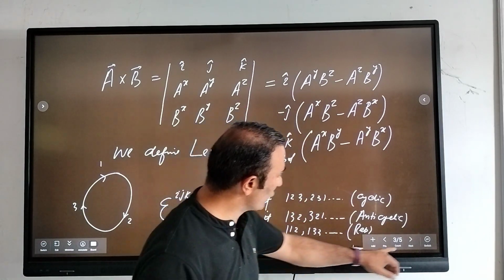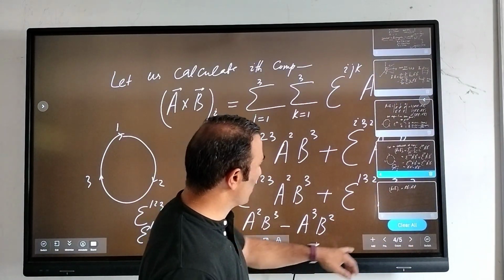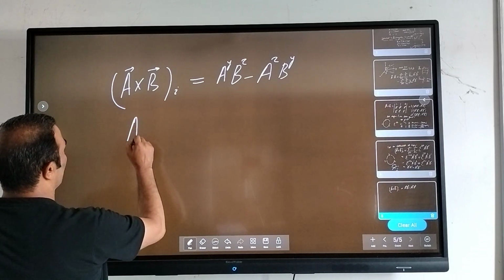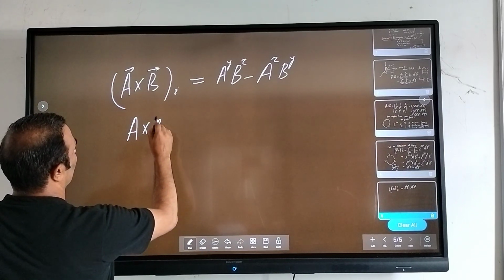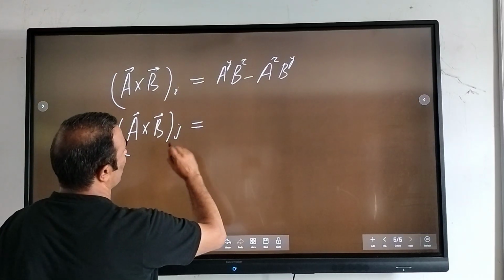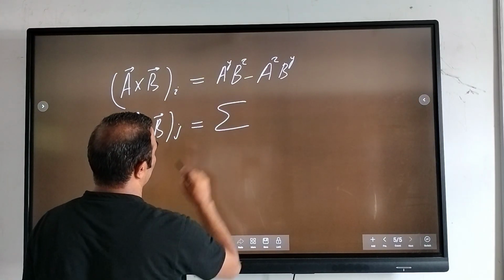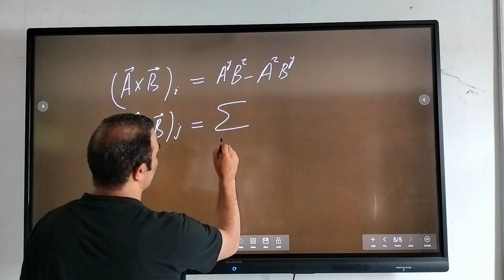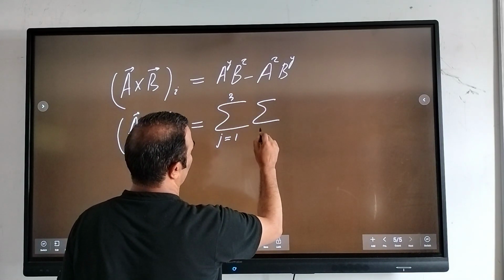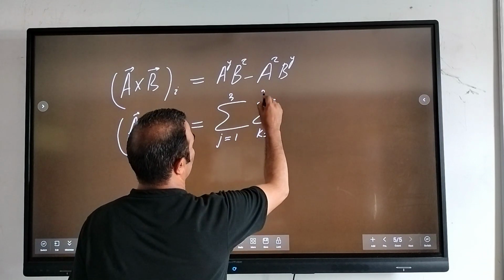And similarly, let us calculate one more component. If we calculate now this A cross B of jth component, that will be equal to summation, i starts from 1 to 3, summation j starts from 1 to 3.